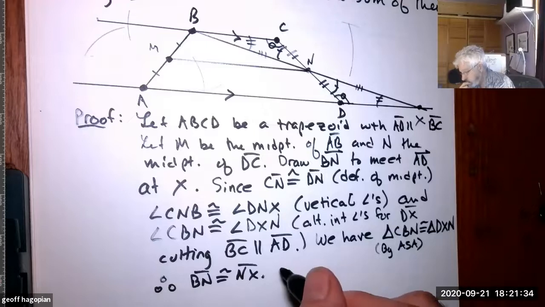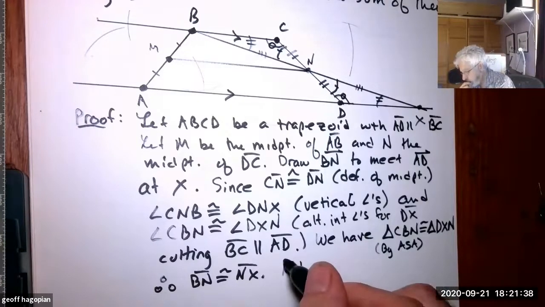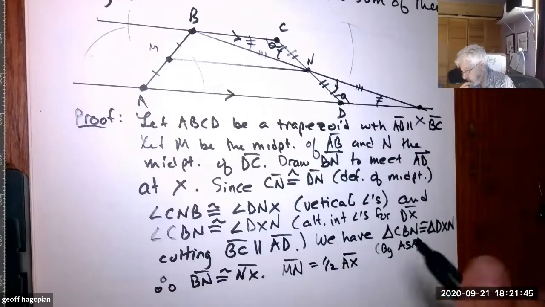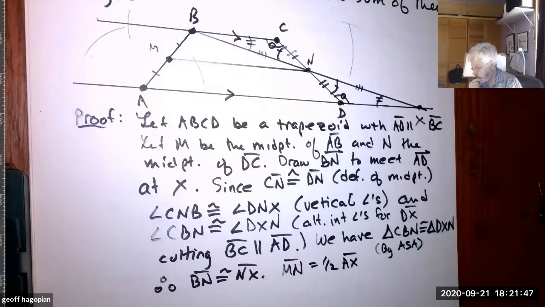So MN equals half of AX because the median of a triangle is half the base.